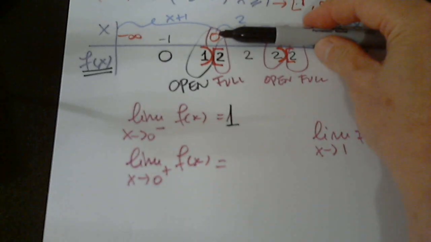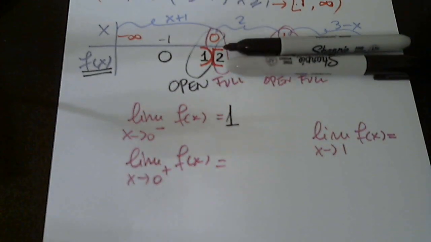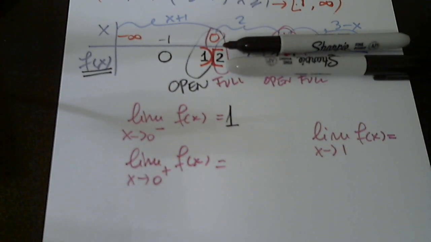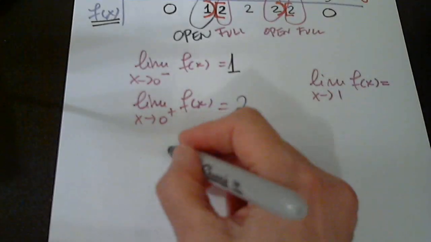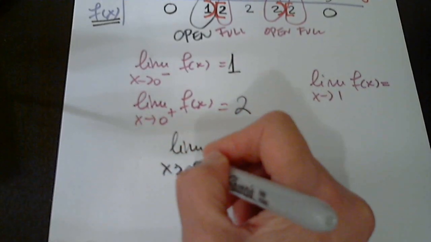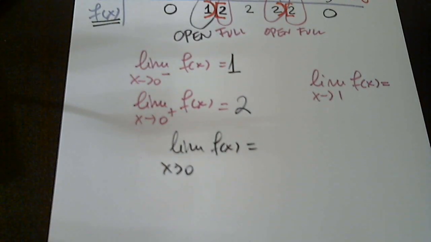On the other side, as x approaches 0 from the right, what is the tendency of the function? 2. Exactly. What will you say about the limit of f of x as x approaches 0? Doesn't exist.